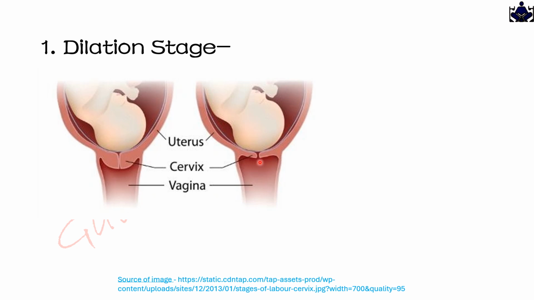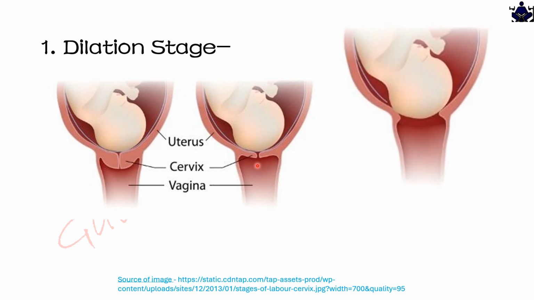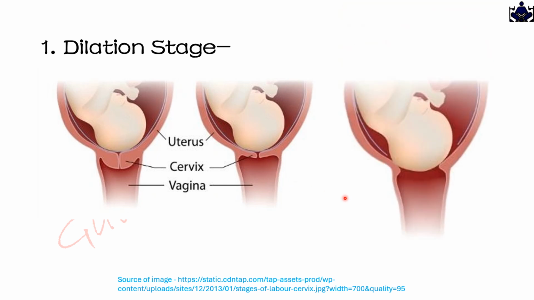Cervix gets dilated. Now, in the first diagram, you can see here how tightly closed cervix is. But as the contractions become more and more, now here you can see there is a slight opening of the cervix. And in the next diagram, you can see that when this process moves further, the opening of the cervix becomes more wider.